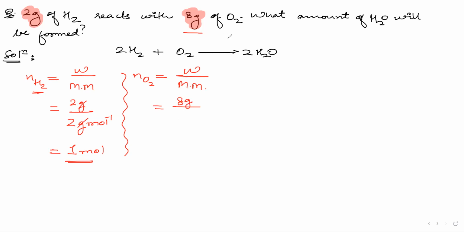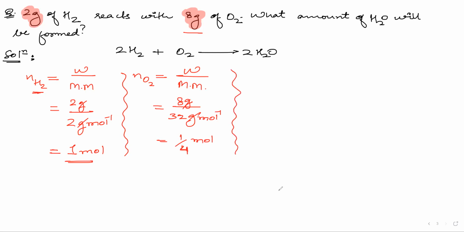What is the molar mass of O2? 32 grams per mole. Very good. So grams and grams will cancel out and we will get 1/4 moles.